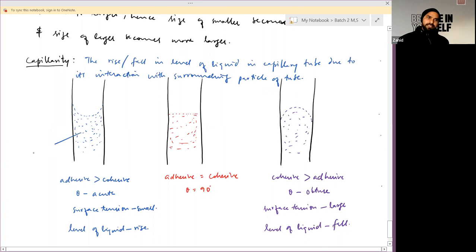So in the first part, I have taken water, so the shape of this meniscus is concave.